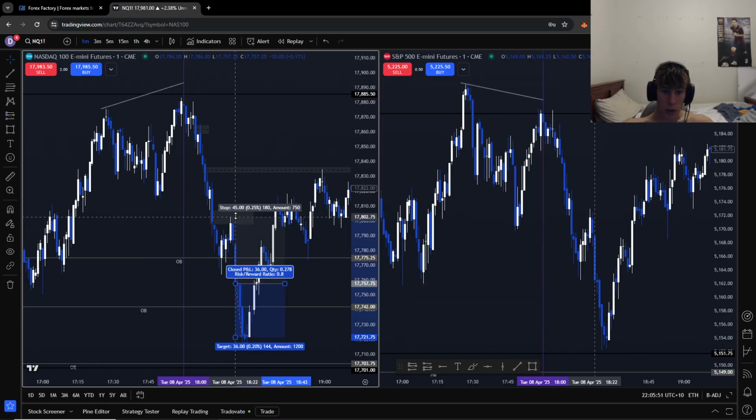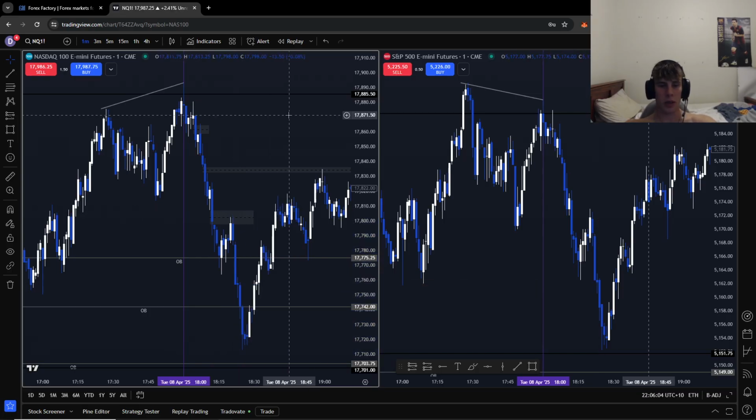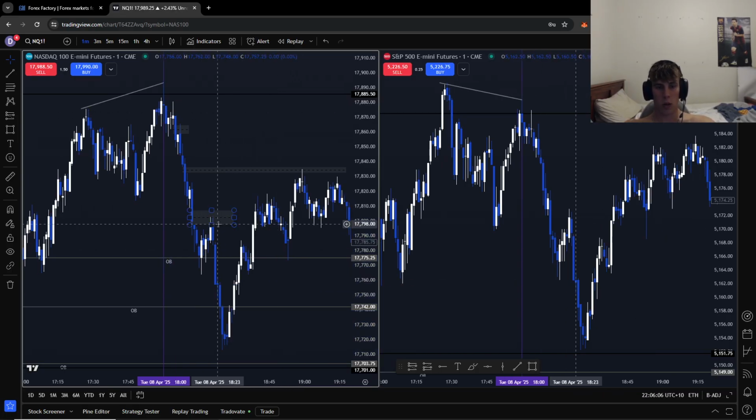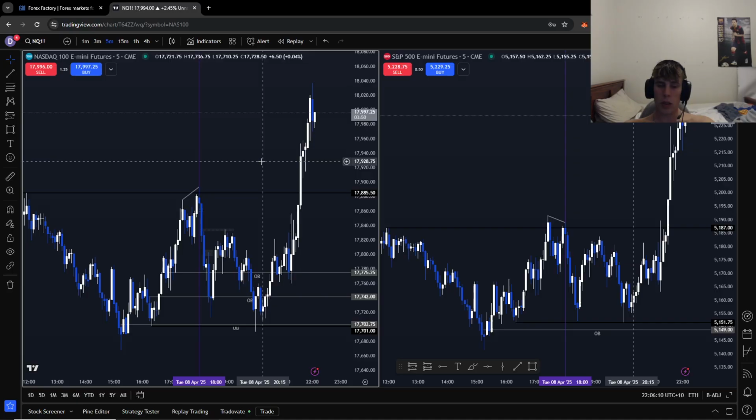So the short would have to be like here, then you have to shoot for like order block, or even if you shot for this liquidity / order block, it wouldn't hit and it'd be break even, which is annoying. So that just wasn't viable because I was bullish with the bias, obviously, and price had already run.